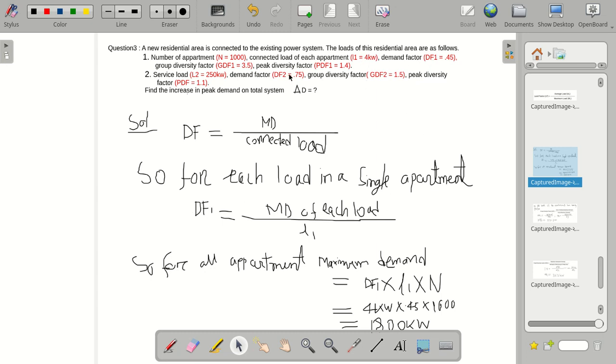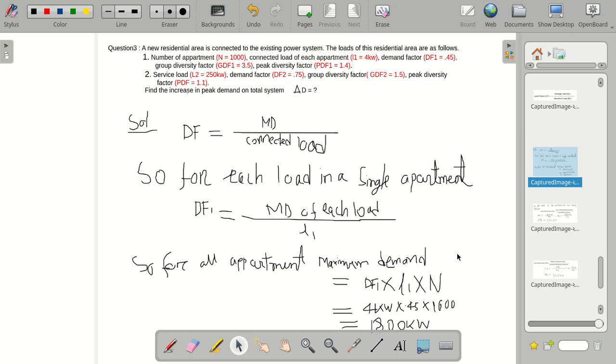And as there are 1000 apartments, the sum of all the individual demands should be df1 into L1 multiplied by n.